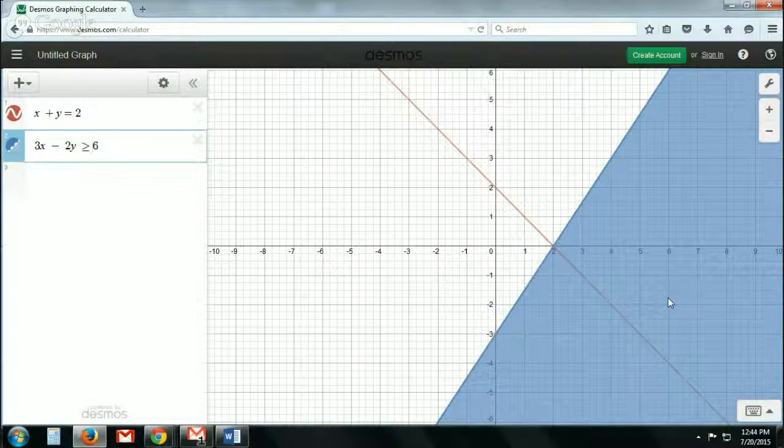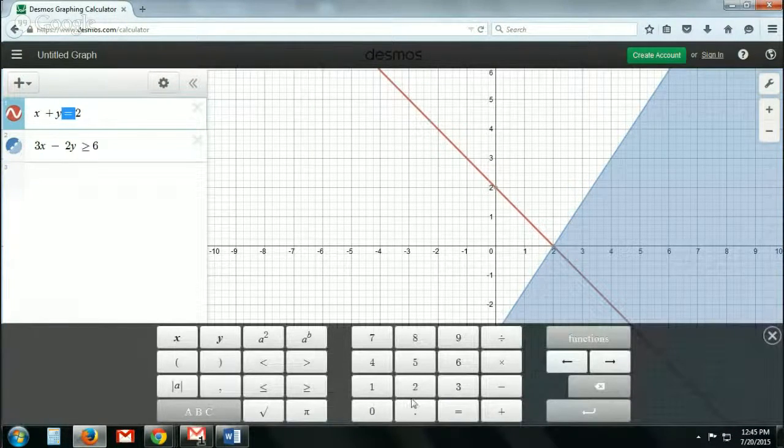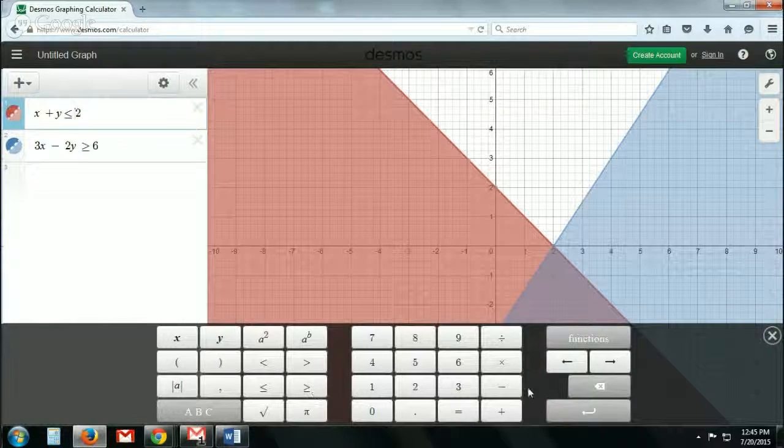Now I'm looking for where these things overlap. We've got, for the second inequality, this part being shaded. And remember, for the other inequality, it was below the line here that we wanted to shade. You can already tell the part that's overlapping is going to be the part that's here. But let's change this again to being an inequality so that we can see what our solution should look like.